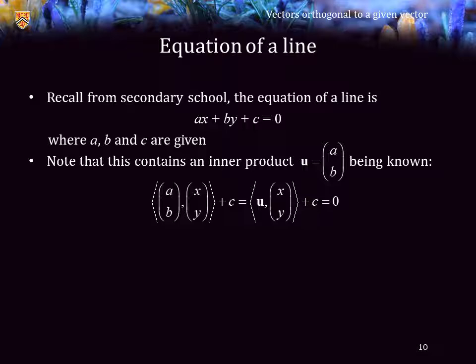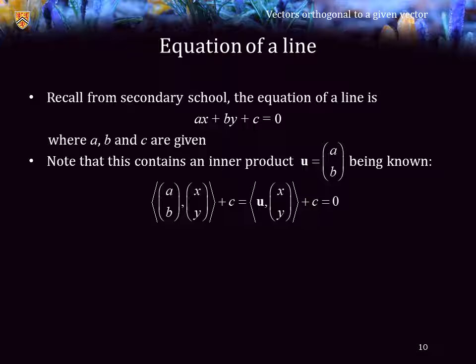Note that a times x plus b times y is an inner product. It's the inner product of the vector u, equal to (a, b), with an unknown vector (x, y). So we can replace the ax plus by with the inner product of the vector u and an unknown vector (x, y).